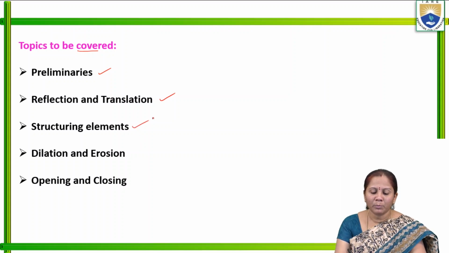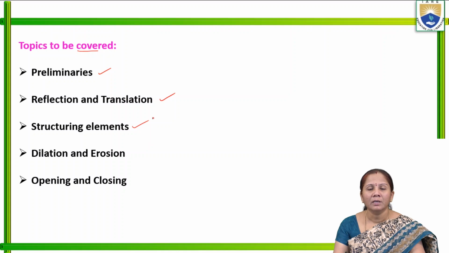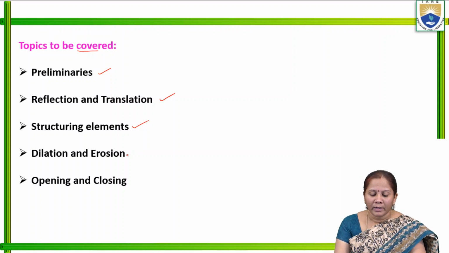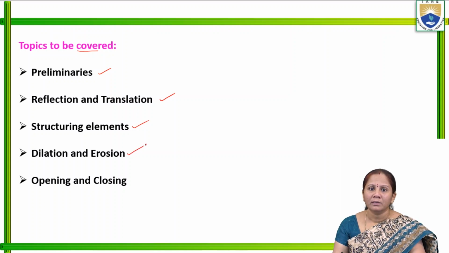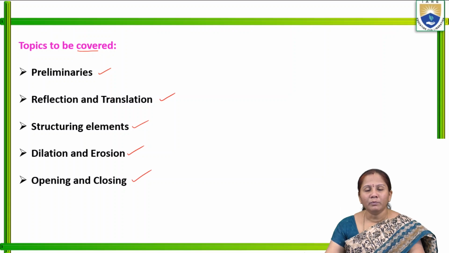Next we will see one important term, which is the structuring element, and what is the purpose of this structuring element during image analysis. Next we will discuss dilation and erosion. Next one, opening and closing. Now we will see each of these topics in detail.